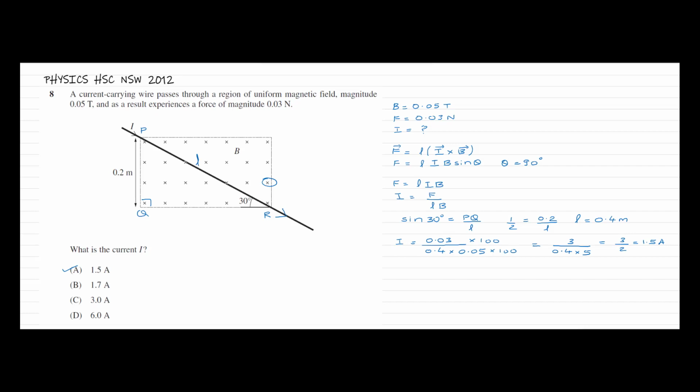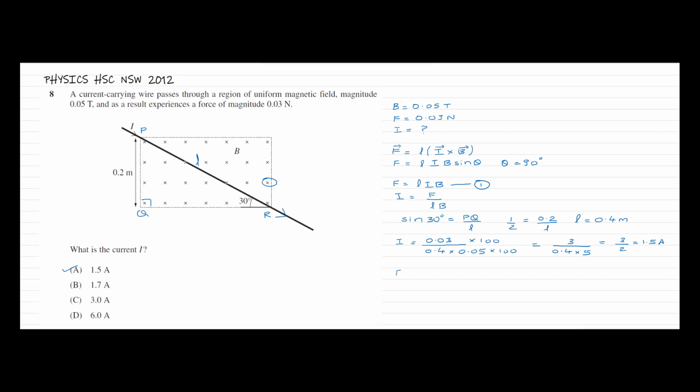So that's a step-by-step way how you arrive at the answer, but you should always try to have an opportunity to be able to verify your answer. Can you verify with these given values with 1.5 ampere? Can we verify if our answer is correct? So put all the values in this formula, if I can call this as maybe equation 1, and see if you get the value as 0.03.